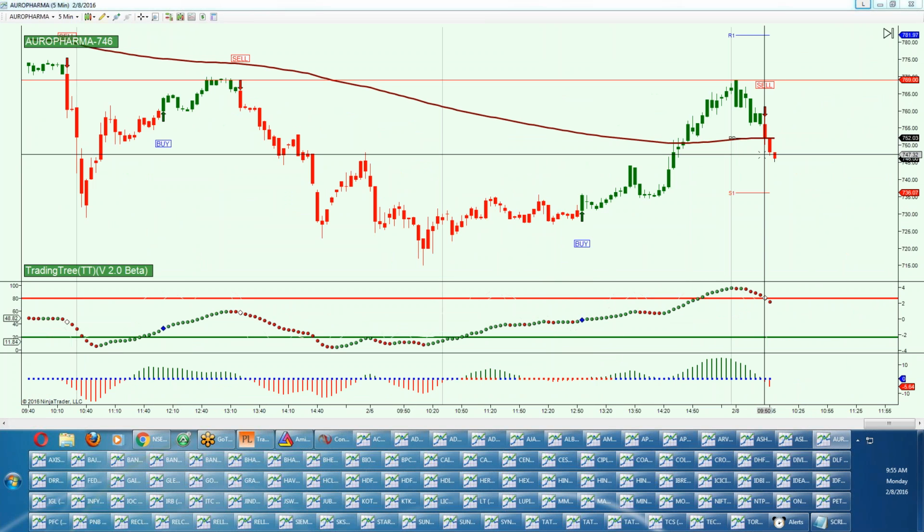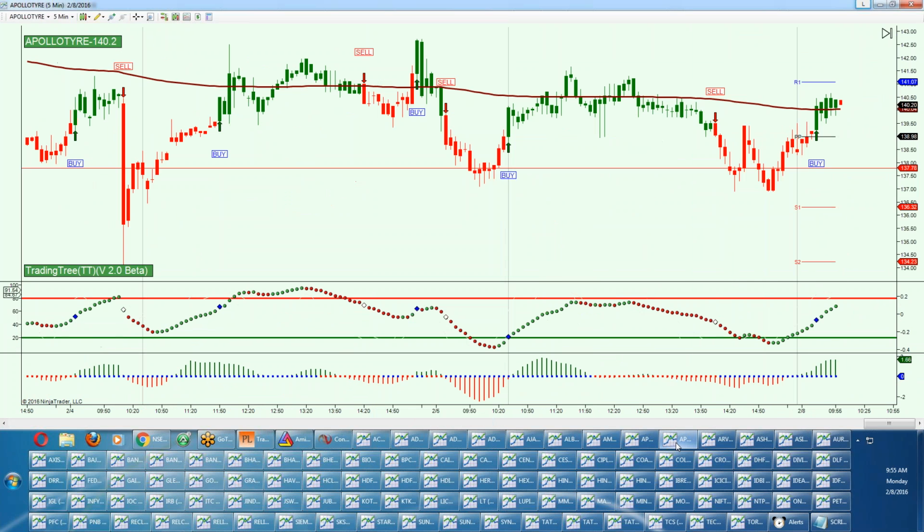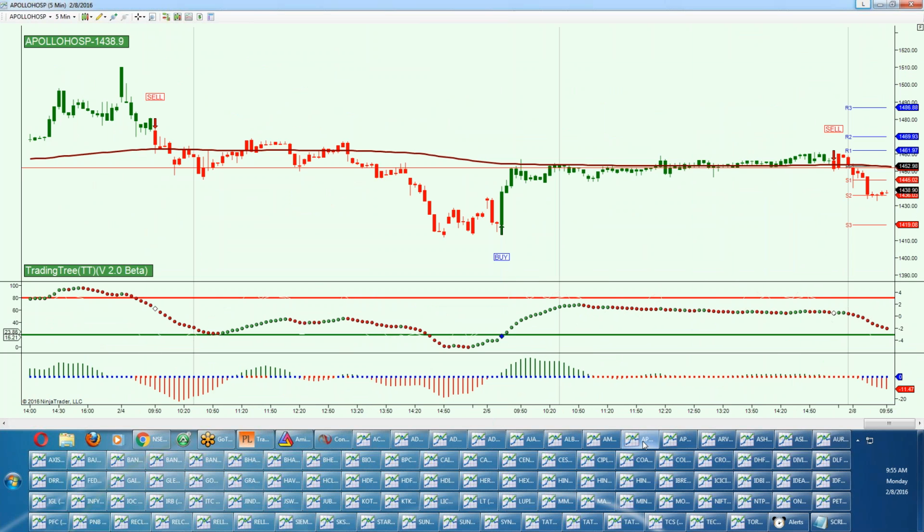So Arbindo Pharma again, the call is triggered. So it has done its first target, that is S2.